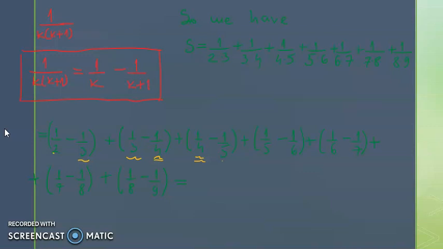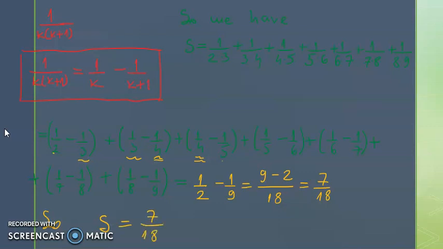So they will be left as 1/2 minus 1/9, which is exactly 9 minus 2 over 18, which is equal to 7 over 18. And we are done. So the sum S is equal to 7 over 18.